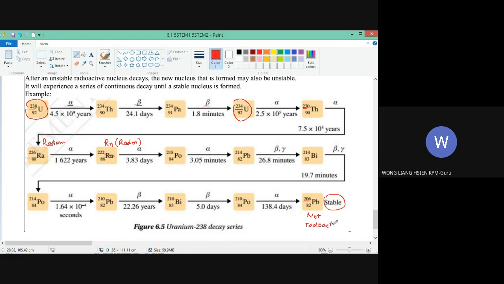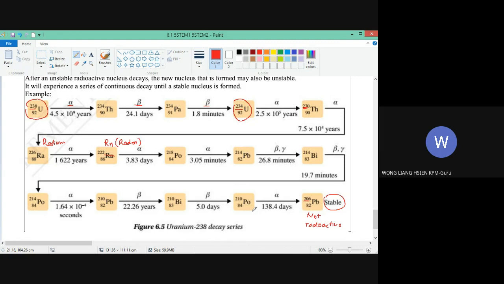It will not release radioactive radiation. But all the rest from uranium until the polonium here will undergo radioactive decay, so they will release radioactive radiation.